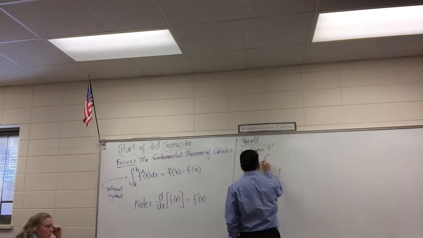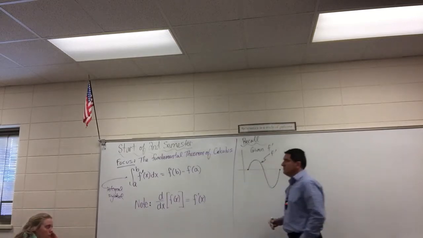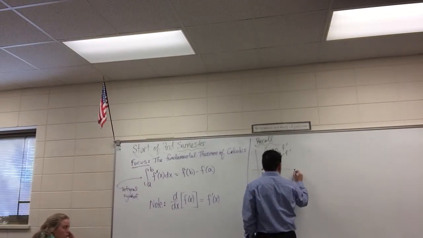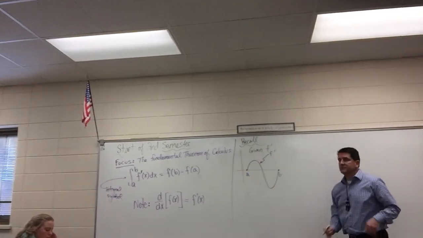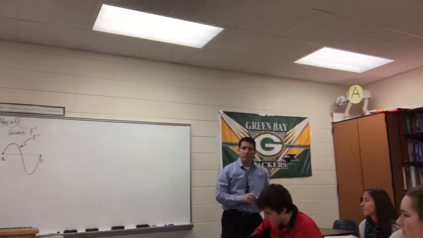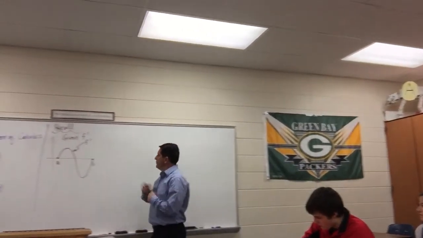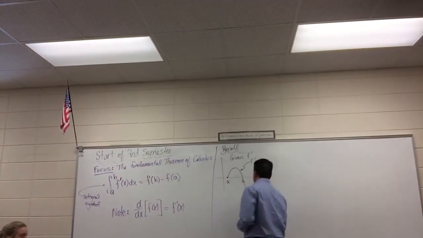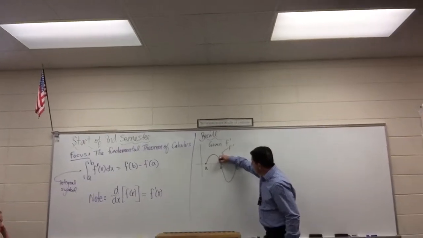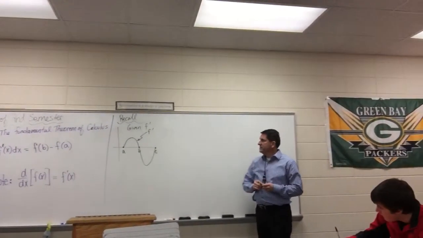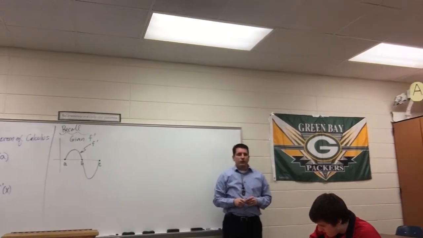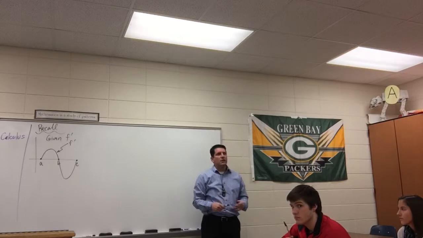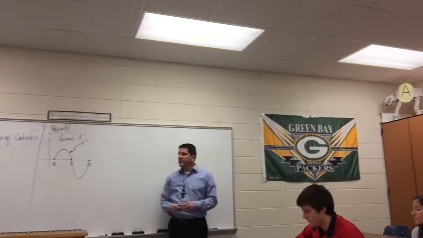This is the graph of f prime. And I'll just put some letters on here. This is from a to b. Okay. And I ask you, let's put a, b here, and let's put c here. Okay. And these are the points of intersection on the axis. So you guys have done a ton of problems like this. Okay. So if I say to you, this is the graph of f prime, tell me about f.